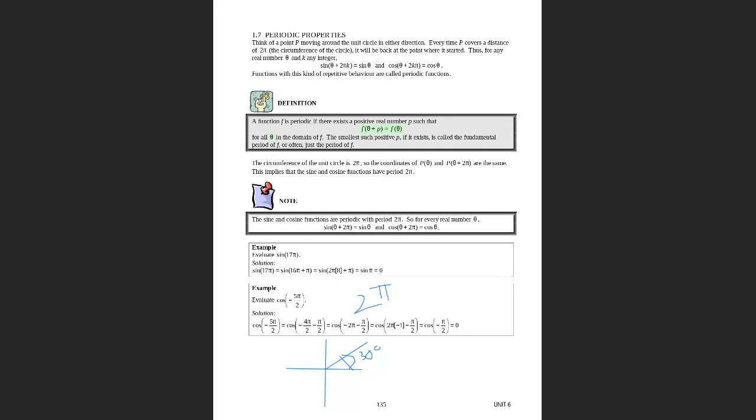If I can go 360 degrees, whether clockwise or anti-clockwise, I will still come back here. So in effect, 30 degrees is the same as pi over 3. So pi over 3 is the same as pi over 3 plus 2 pi.